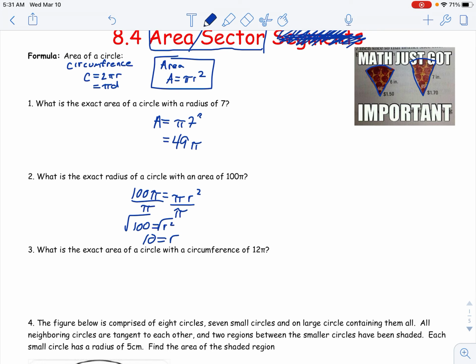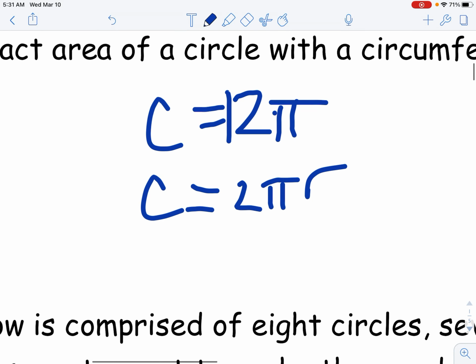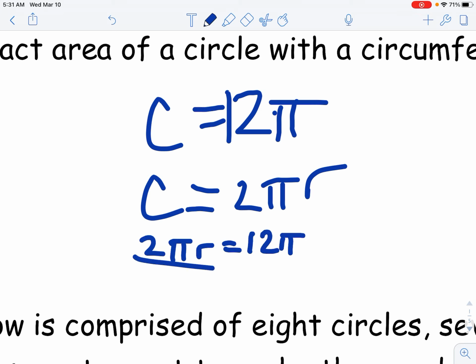And then what is the exact area of a circle with a circumference of 12 pi? So that's kind of interesting. It's saying circumference is 12 pi. Well, remember circumference equals 2 pi r. So all I'm going to do is 2 pi r equals 12 pi. Divide both sides by 2 pi, and the radius will equal 6.